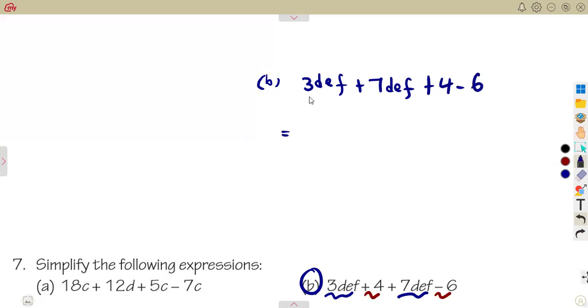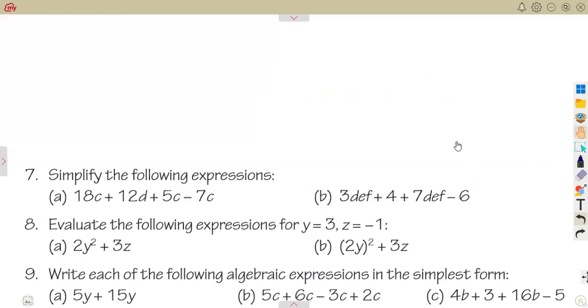So we can add 3 plus 7, which is 10. We add these coefficients together, 3 plus 7, which is 10. Then we're going to have DEF. Then the numbers, which are the constants, 4 minus 6, that is minus 2. You can also use your calculator on that.